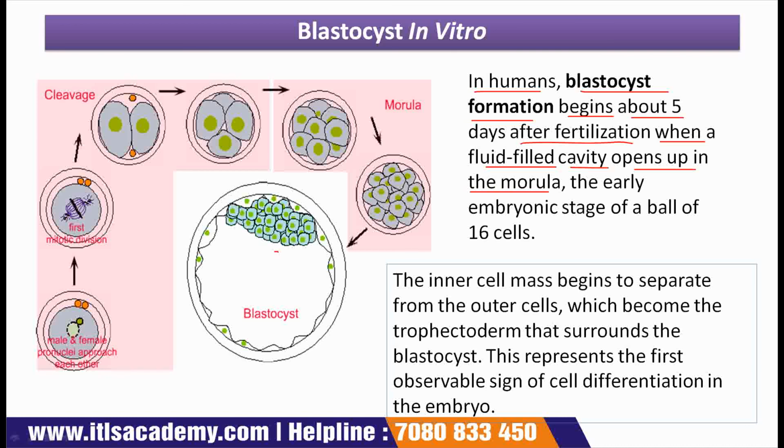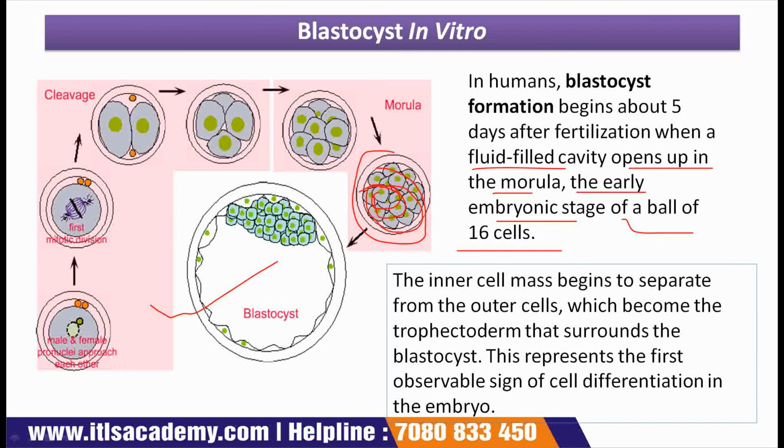You can see this is the cavity, and when there is a formation of a cavity in the morula stage, then this is known as the blastocyst. So it comes after a fluid-filled cavity opens up in the morula, the early embryonic stage of a ball of 16 cells.